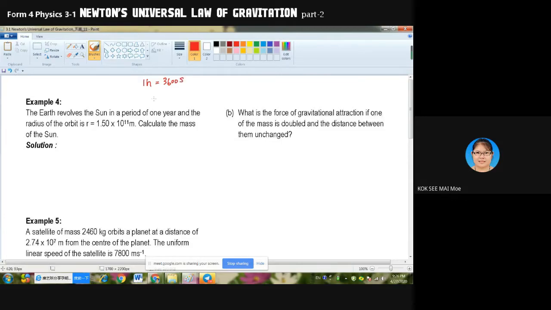So 1 day we have 24 hours, so you take 3600 multiplied by 24, that is just 1 day. 1 year we have 365 days, so multiply by 365. That one is in seconds.